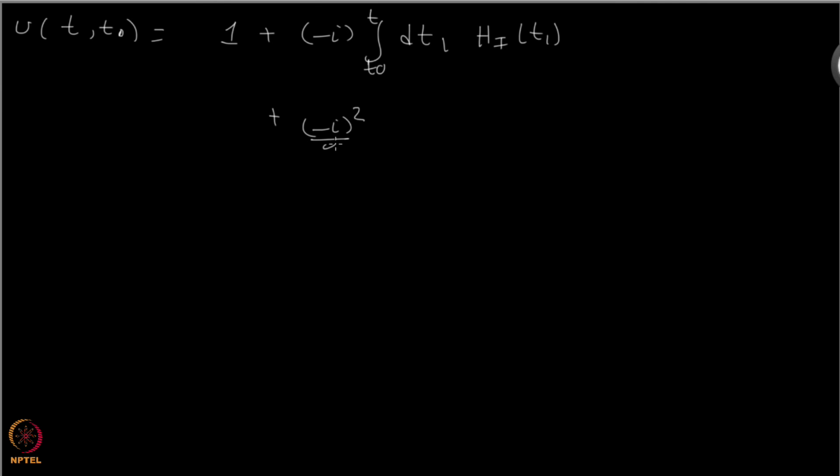So I write that my result is this. Maybe this is the last sheet, so I will write it explicitly. From t naught to t.